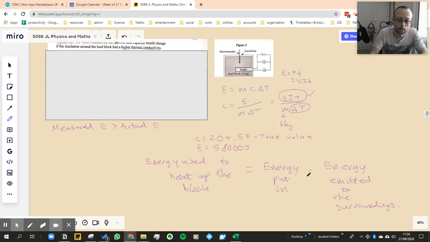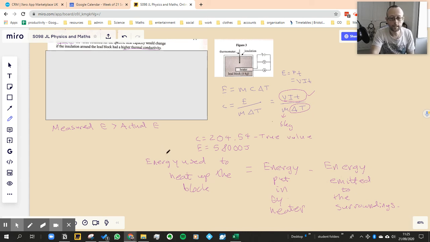So the energy used to heat up the block is actually going to be lower than this one here. So this is the energy put in, the actual energy, and this is the measured energy. The energy put in by the heater is what we think is the measured energy, when actually we don't realize that some energy has been lost, so that's going to be less.